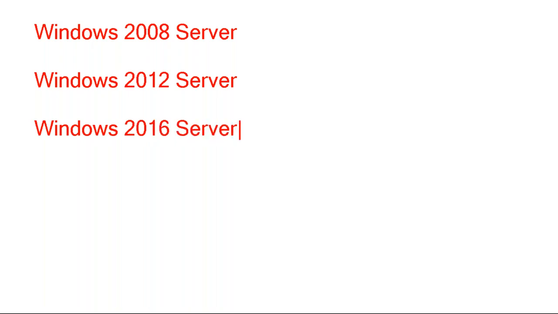Whenever we install these operating systems, one user is created by default. The user is administrator. It is automatically created, but for server operating systems only, not for Windows 7, Windows 8, Windows 10.